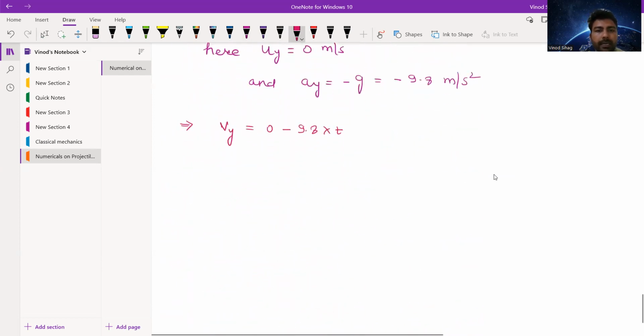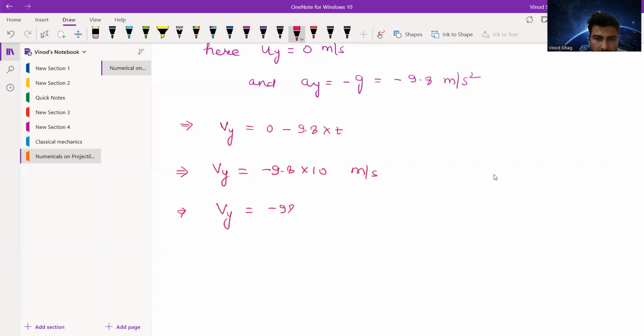Now the time t that we derived is 10 seconds. Okay, so we will put the values. So we will get vy equals minus 9.8 into 10 meter per second. Vy equals minus 98 meter per second.